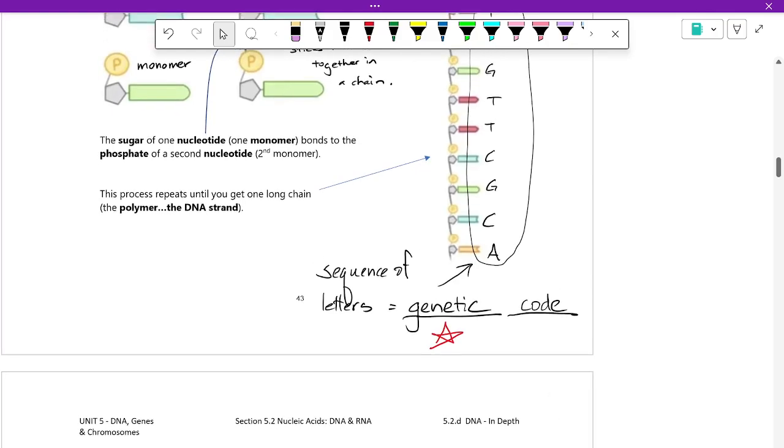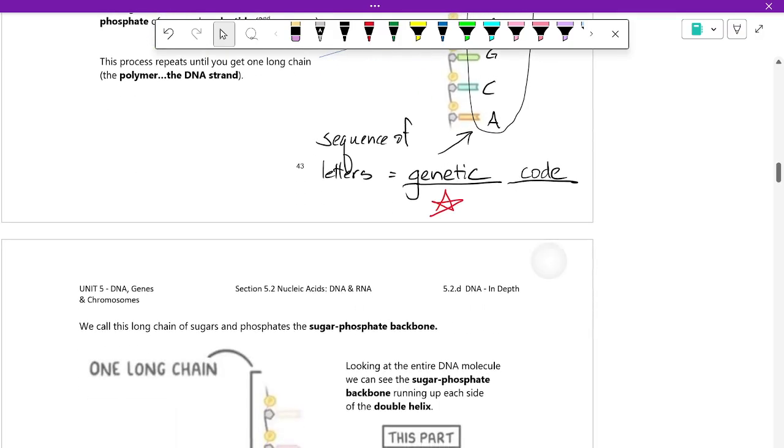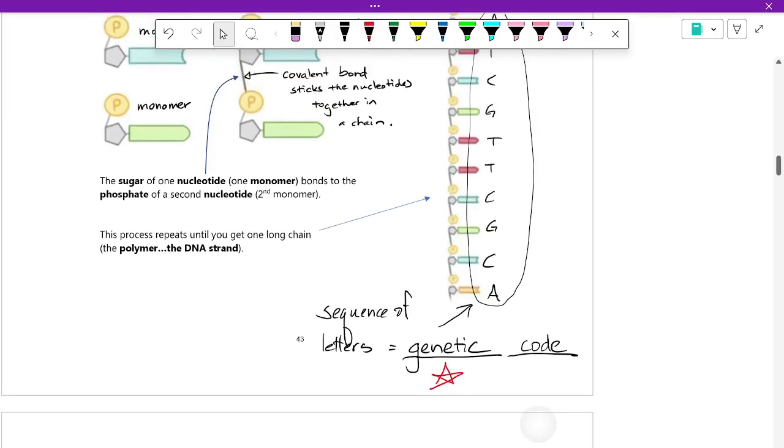Now, we talked about this before, but we only briefly mentioned it. When you have that sugar phosphate, sugar phosphate, sugar phosphate all attached together, it provides support for the DNA. What provides support for you? Your spine, which is also known as your backbone.